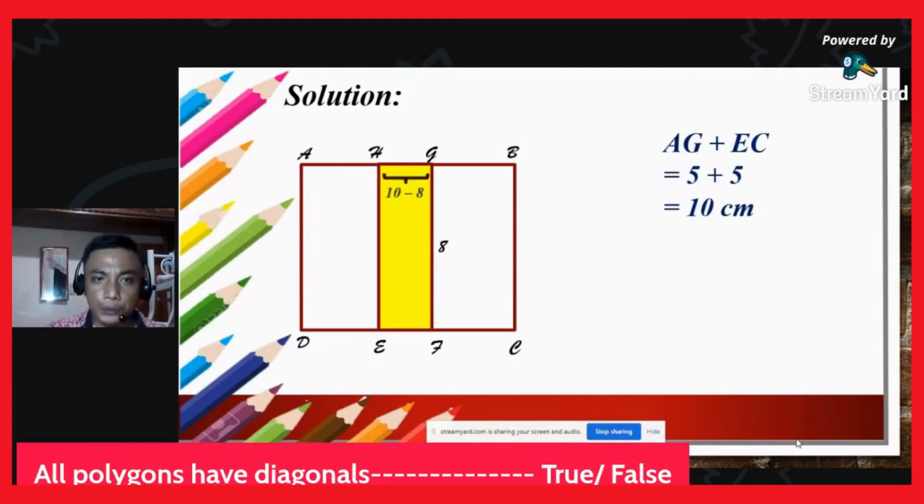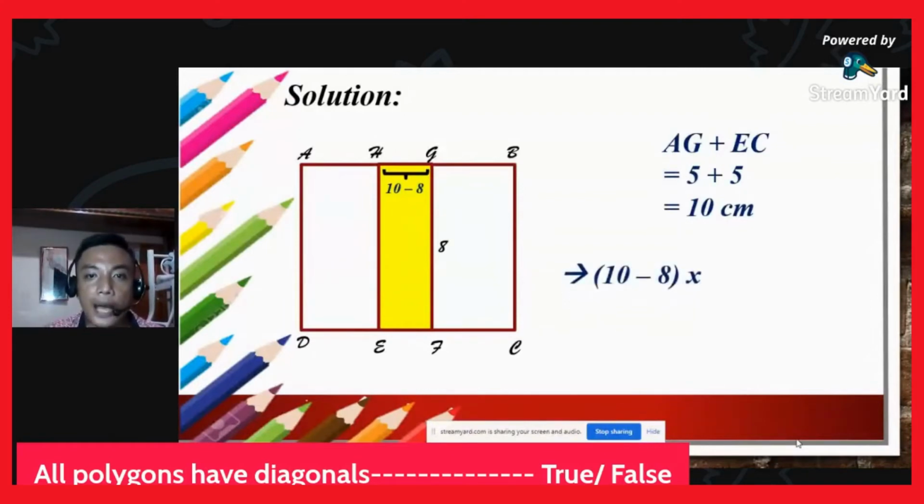In order for us to compute the measure of the side HG, we find the sum of the measures AG plus EC, which is 5 plus 5, equal to 10. So where did we get 8? 8 was given a while back as the measure of the side of the square, 8 centimeters. Therefore, HG is simply equal to 10 minus 8.